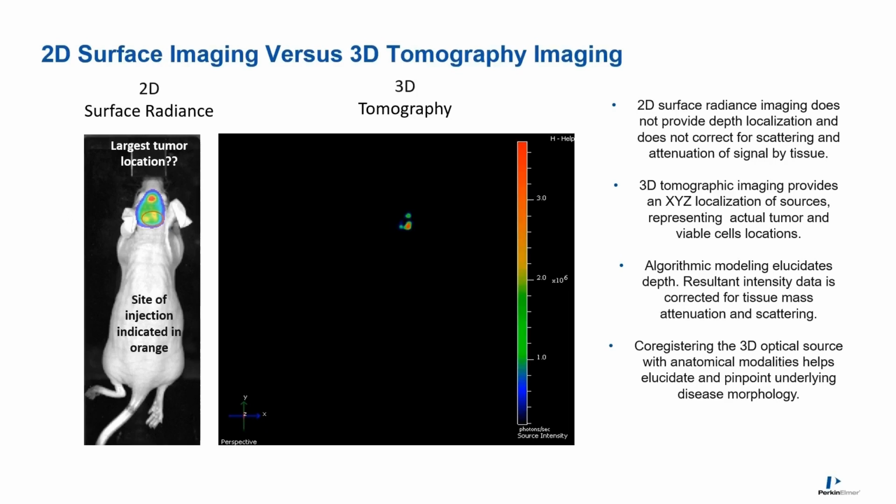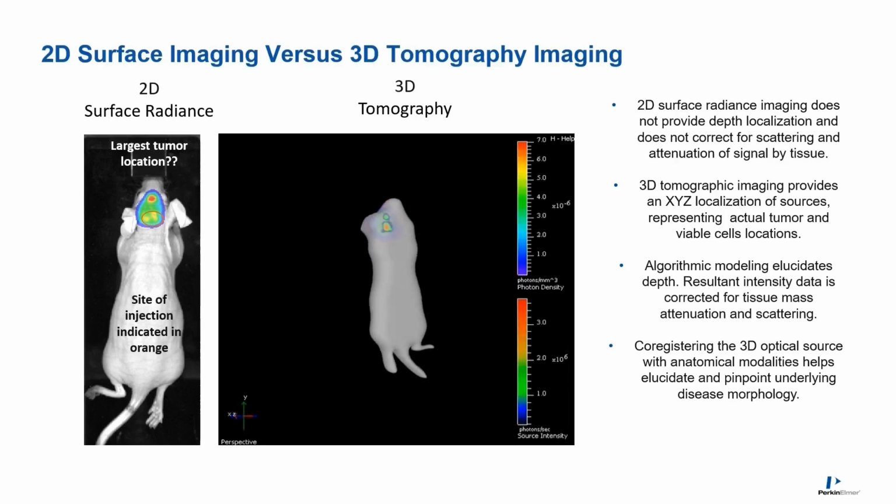Therefore, if we were to do 3D tomographic imaging and reconstruction, as well as using X-ray functionality, we can identify additional information such as depth and location of the cells or biomarker and pinpoint them to a particular organ or tissue site to understand the disease biology better.